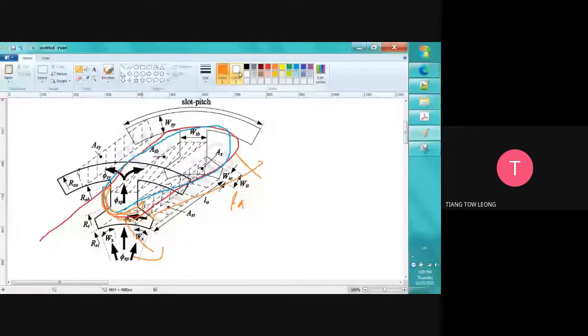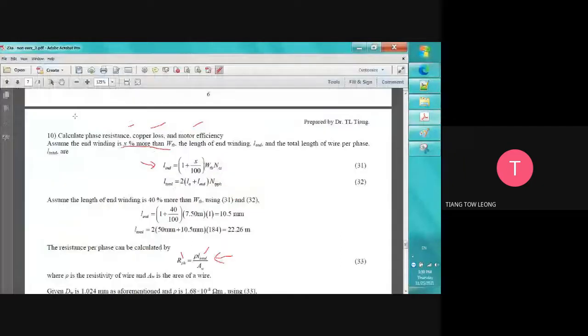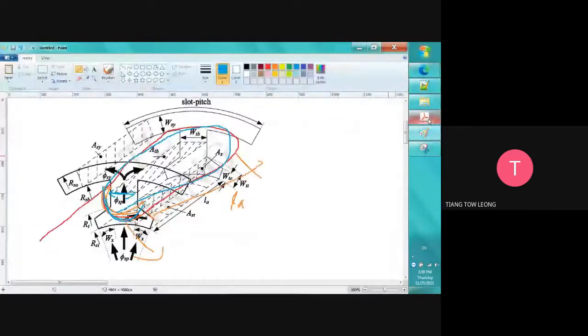The first thing is it must be at least this long, which is WTB. But it is not 90 degrees, so it must be longer. When it's longer, we assume that it is X% more. So we just use 1 plus X%, where 1 is here and X% is the extra.